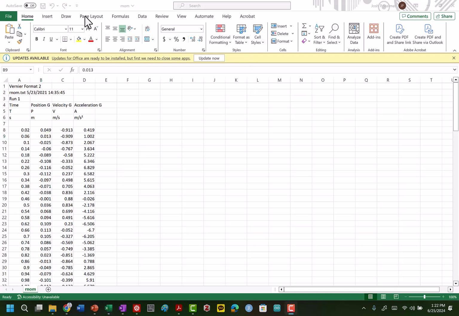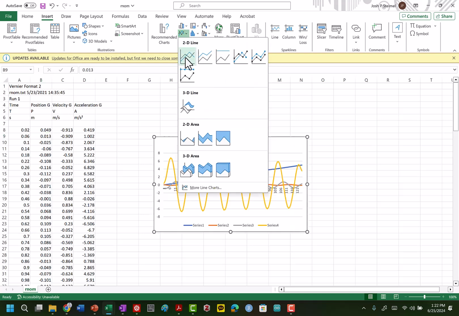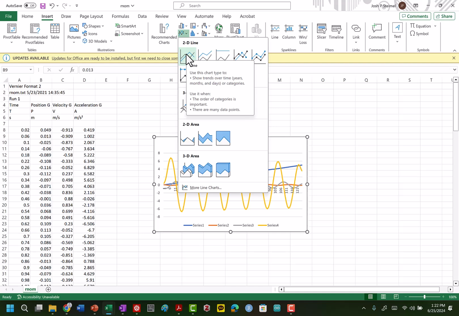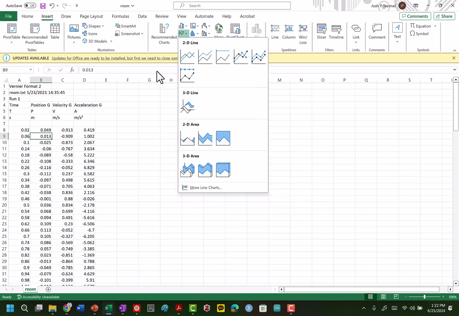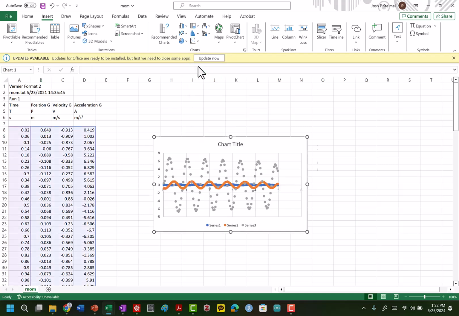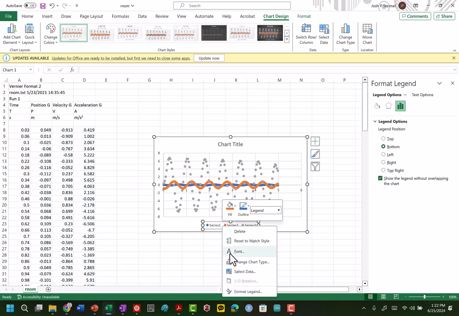So let's go ahead and insert. Let's go ahead and create our chart. I like what Series 4 was doing. But I'm going to do scatter. So let's just do a scatter. Let's see what Series 1 says. Let's look at this data set.